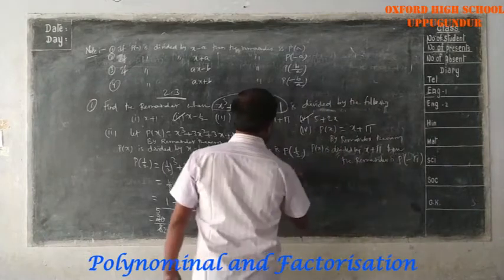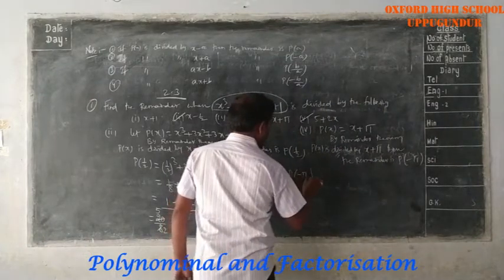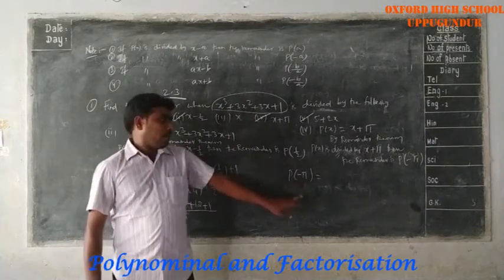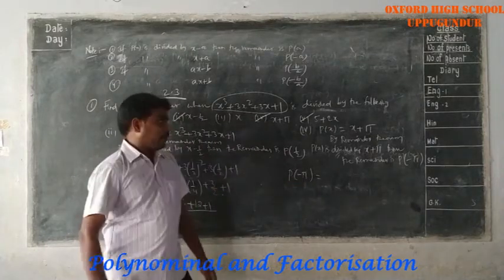Now in place of x you have to substitute minus pi. There is no need to substitute the value of pi; simply substitute it as it is, pi.